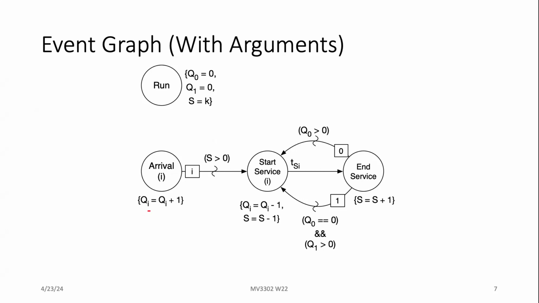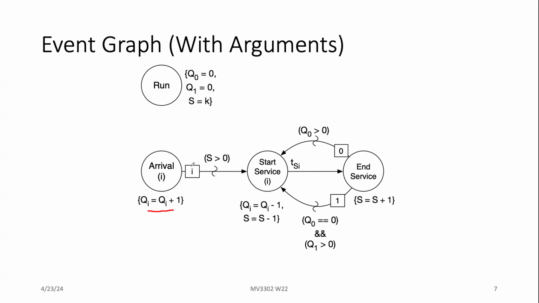And because I passed in which type of customer just joined the queue, I can use that information to increment the correct one. And then when I start service, I need to know which one I've started service on.